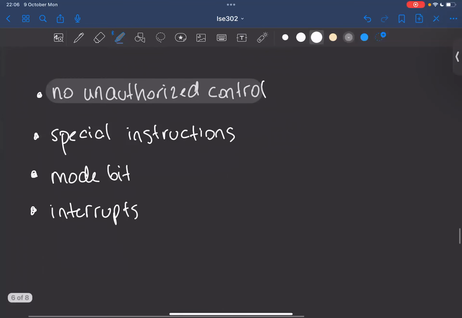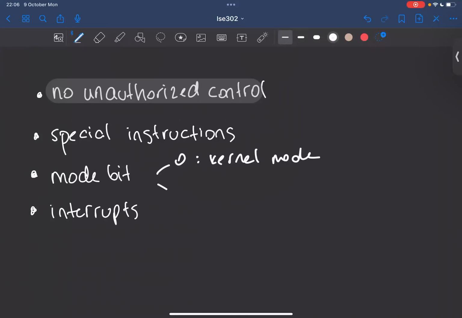And modbit is used to keep track of which mode the computer is in. There's a special flag called the modbit. Okay, when it's 0, it means the computer is in kernel mode.